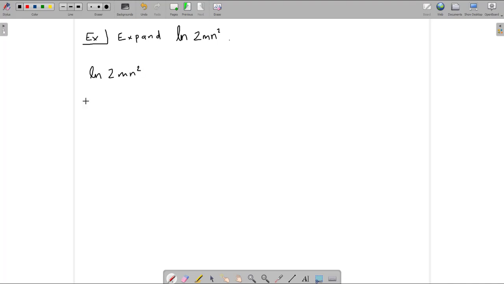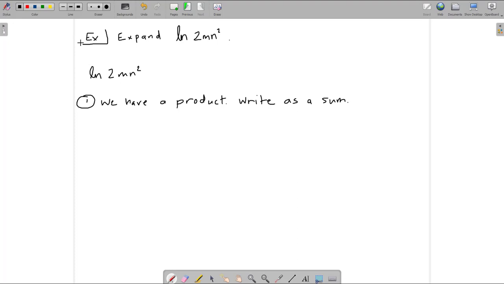The first thing to notice is we have a product, and so we can use our product property to write our product as a sum of natural logarithms.